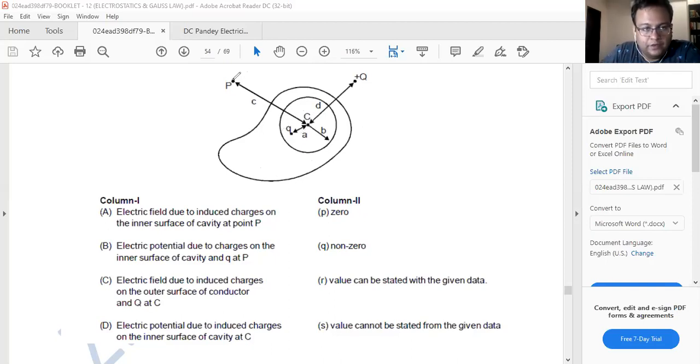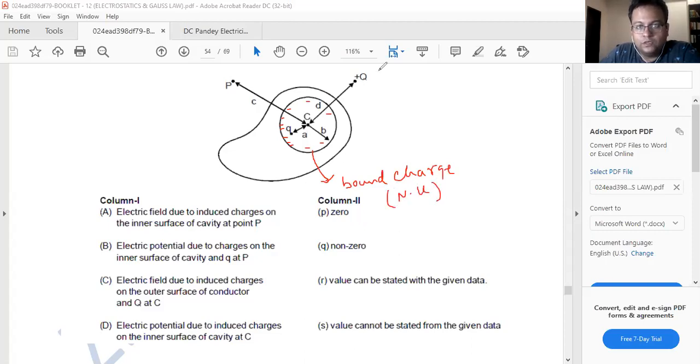Will there be electric field at point P due to the induced charges on the inner surface? First of all, the induced charges on the surface will be non-uniform. Why so? The charge is not at the center, so the charge distribution is not symmetric. Here sigma is inversely proportional to ROC. Because they are bound charges, they are non-uniform.